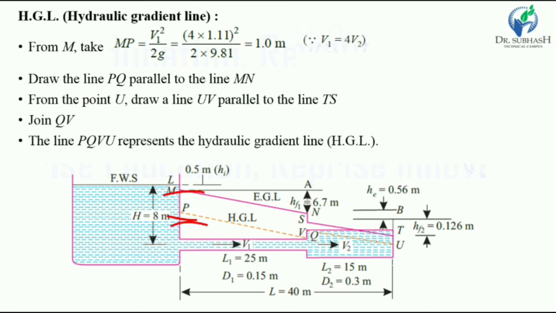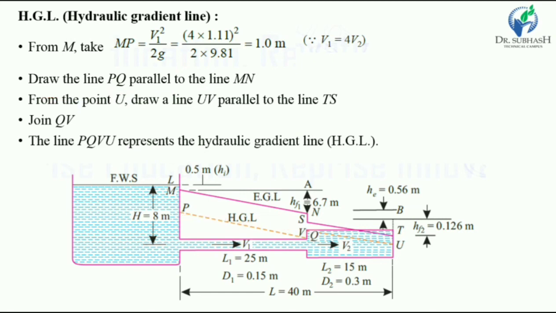If velocity head is added, then the total head is obtained. We have now the PQ line parallel to the MN line. Now draw the PQ line, the length of the MN line, parallel to MN.